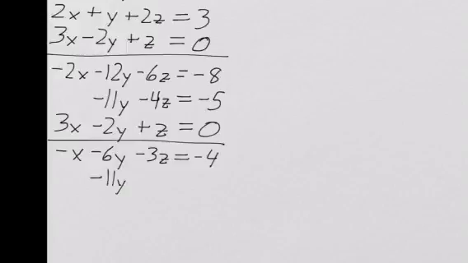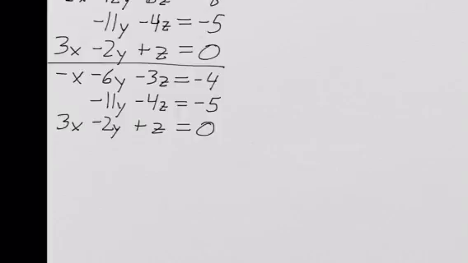Then I still keep the same second equation. And my third equation remains 3x minus 2y plus z is equal to 0.